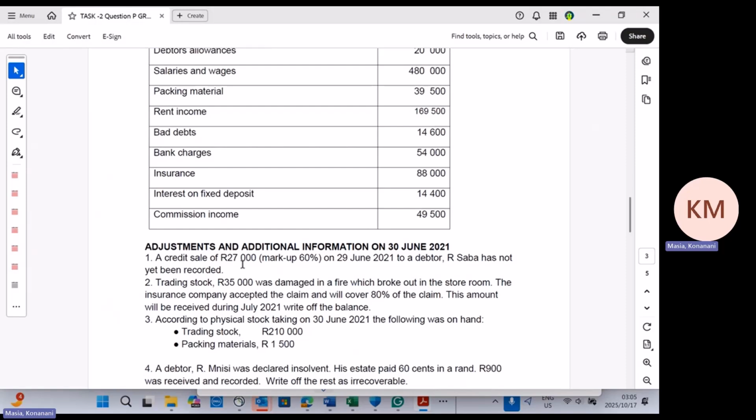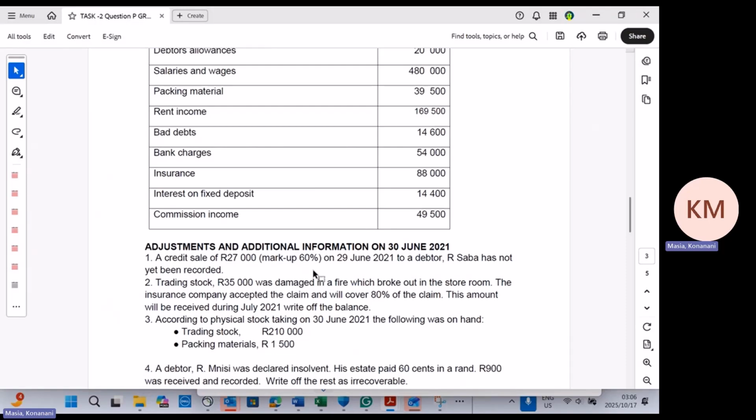But now remember, your cost of sales, you have given it as a question mark. But I've already been told that the markup is 60%. Therefore, to determine the sales, it's 100 plus 60%. That's how they determine the sales. But I want the cost, and the cost, we know that it's 100%.